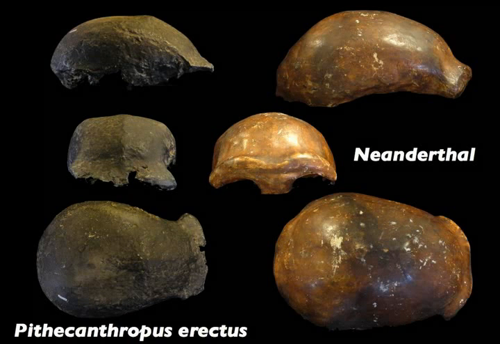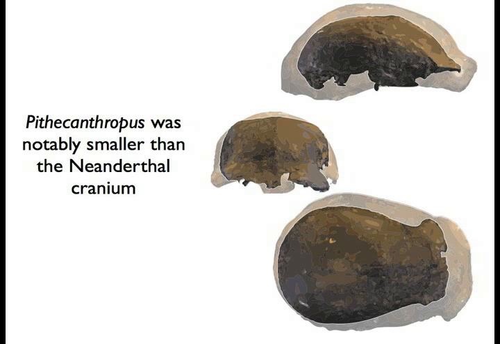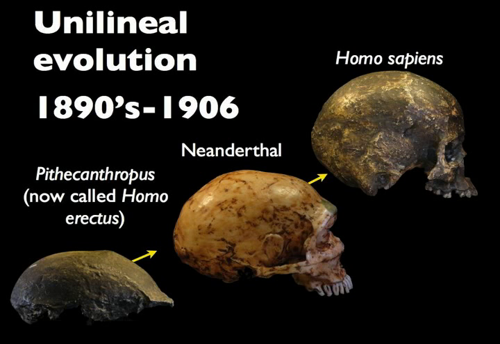Now, if you look at it, it kind of superficially looks like a Neanderthal, but it's a lot smaller. And one of the ways that this new human fossil is interpreted, it turns out, well, a lot of people just didn't even want to accept it as real. The majority of scientists lined up against it and didn't want to accept it.